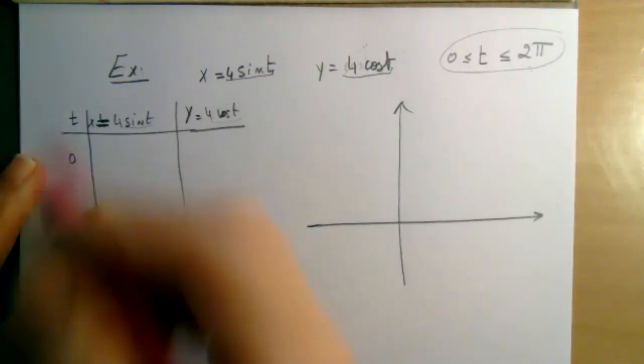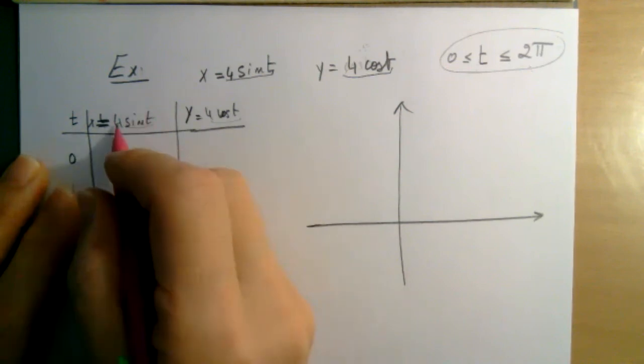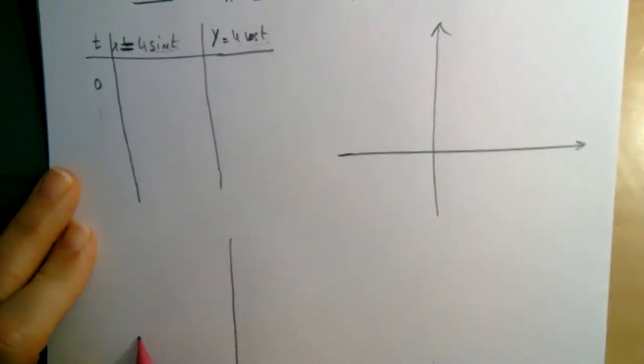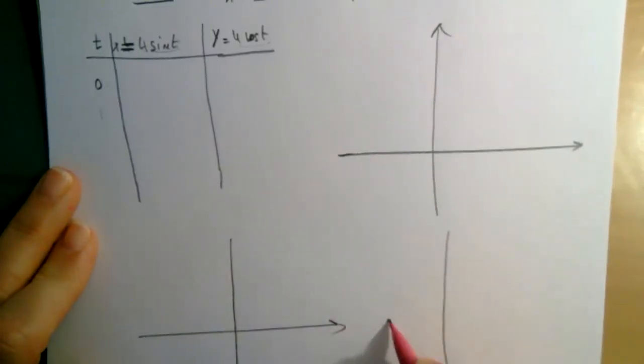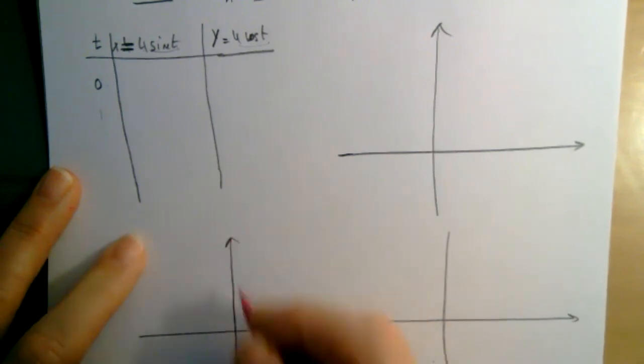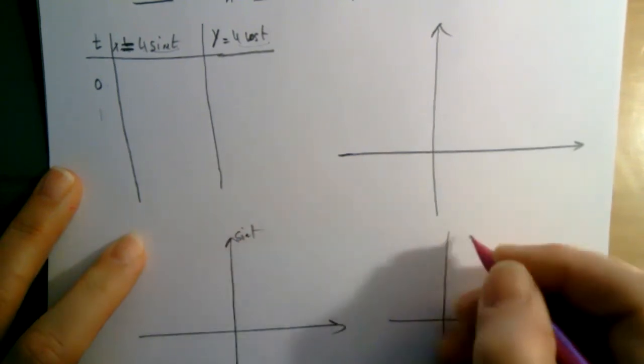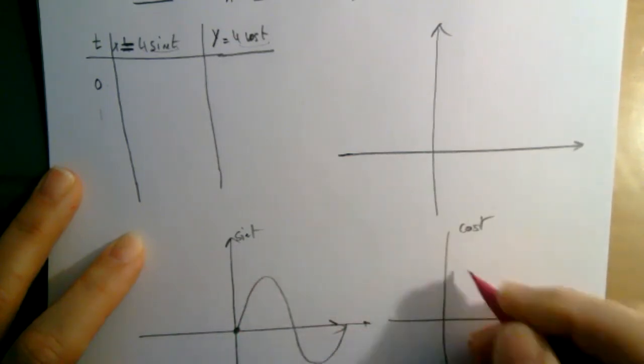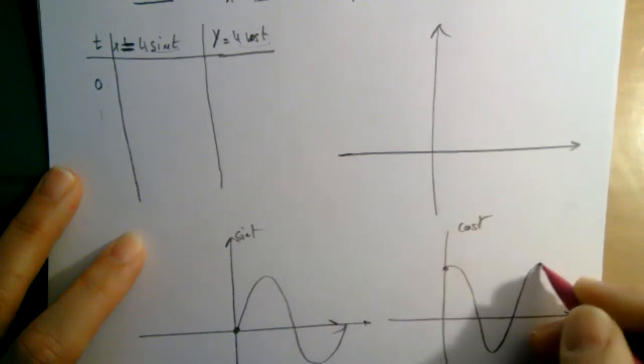Anyway, let's do that. If t equals 0, x is 4 sine 0. Let me actually add here the graph of sine and cosine, because I like those graphs and you should like them too. So that's the sine and that's the cosine. These are the graphs of sine and cosine because we're going to use their values a lot.